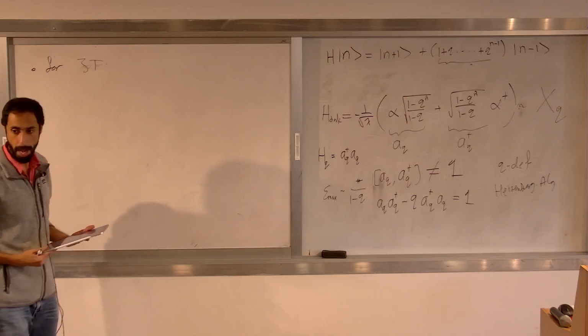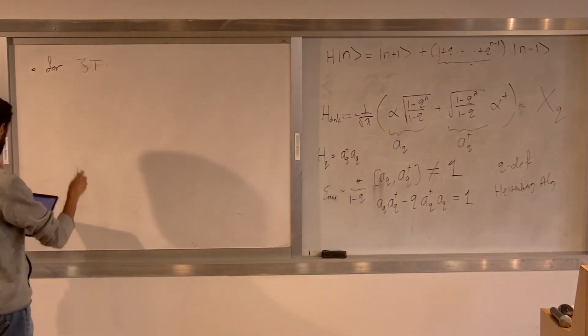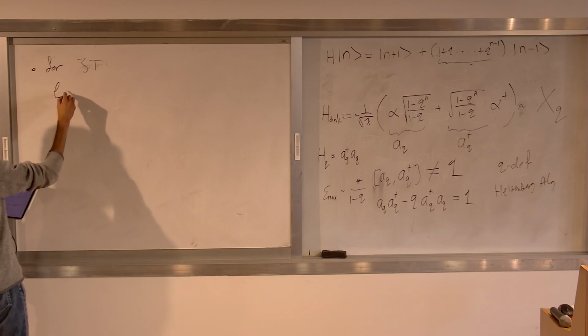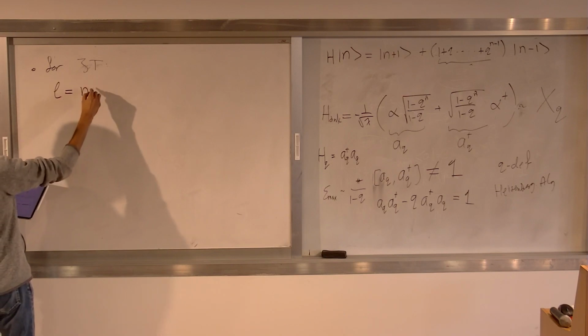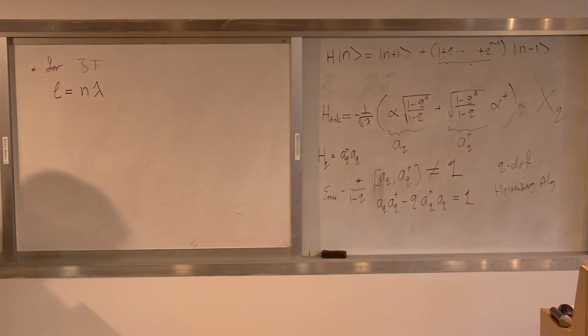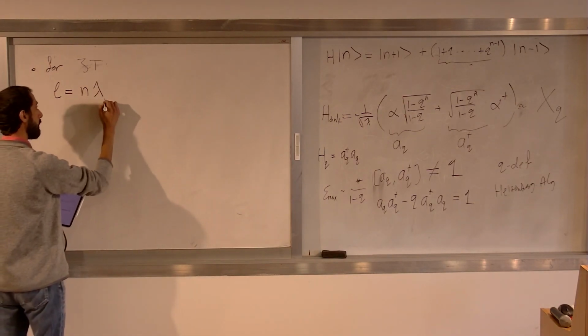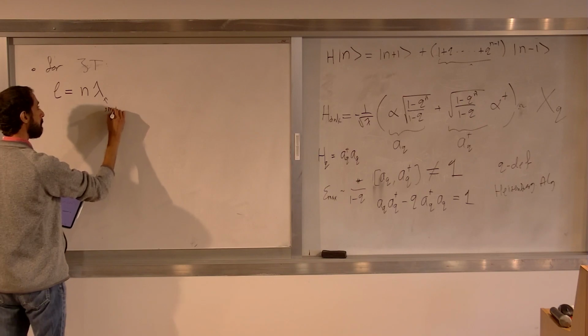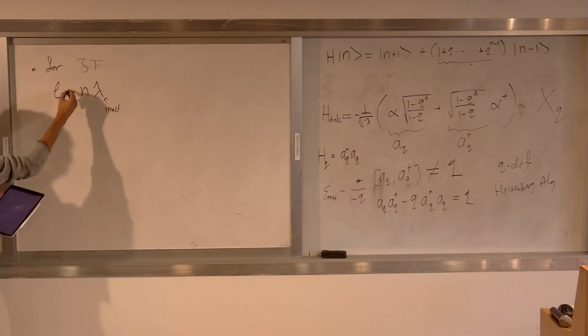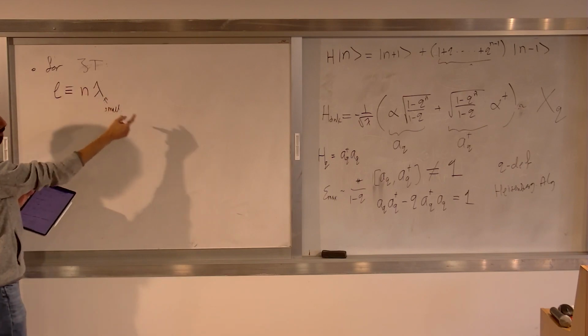Well, what is the geometrical meaning of the chord? Yeah. So to make contact with JT, let's define L to be n times lambda. Let's assume for now that lambda is small. Define what's n? That appears here.